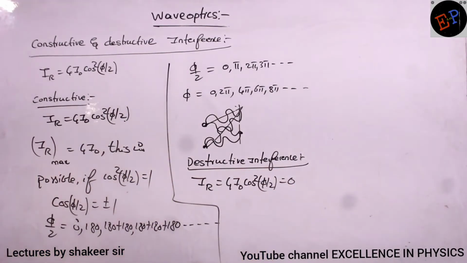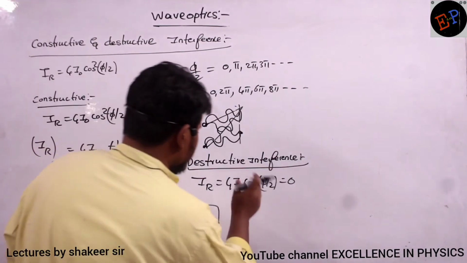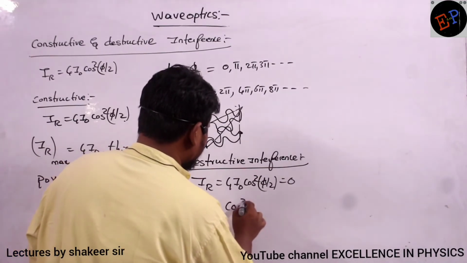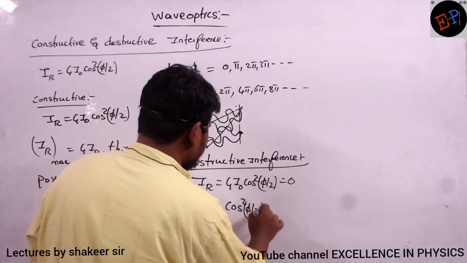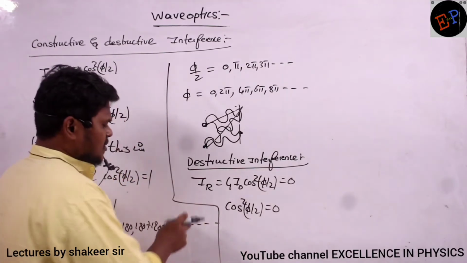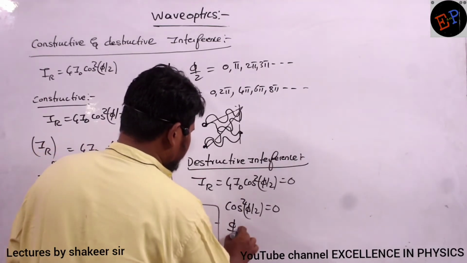That is called destructive interference. Brightness should completely become 0. It means total intensity should become 0. Total intensity can become 0 only when cos square pi by 2 becomes 0. So cos square pi by 2 becomes 0 for which angle?